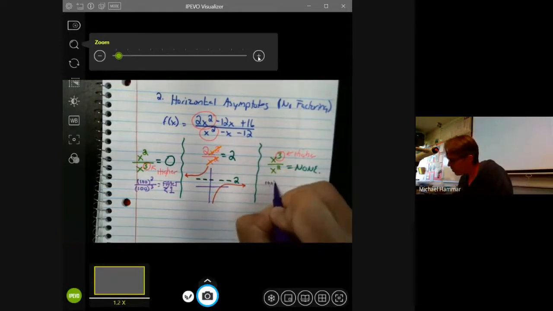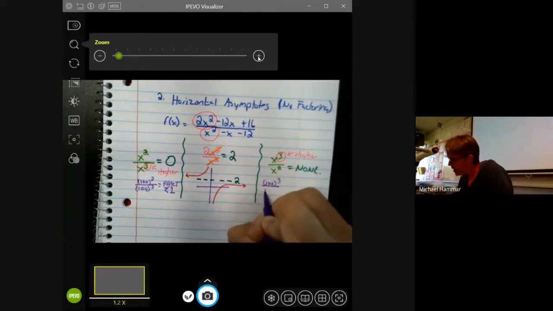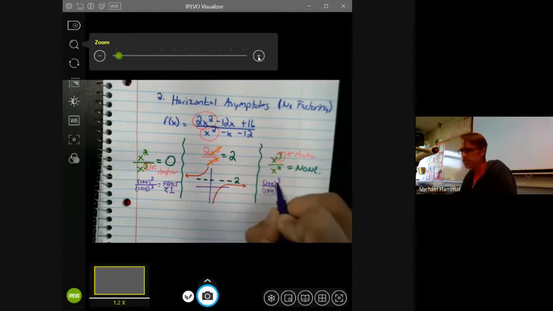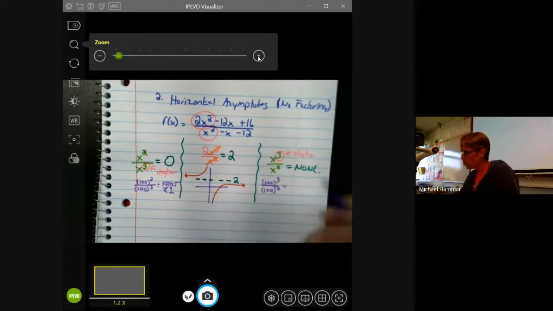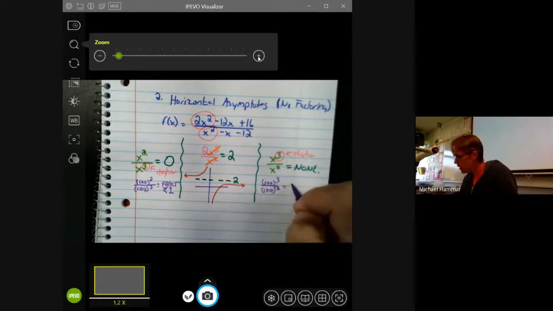As x keeps getting bigger and bigger and bigger, the number on the top is going to keep getting bigger and bigger compared to the bottom. So this is always going to just keep getting larger.